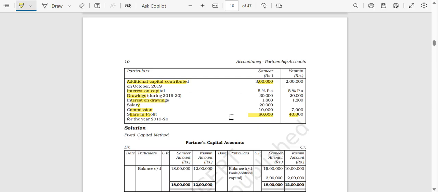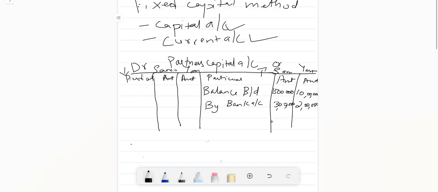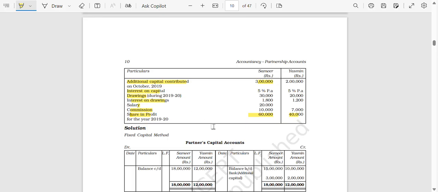So how much is the account? 15 plus 3 lakh, 18 lakhs. 10 plus 2 lakh, 12 lakhs. Balance carried down, no need of 'to'. 18 lakh and 12 lakh. So this is my capital account.